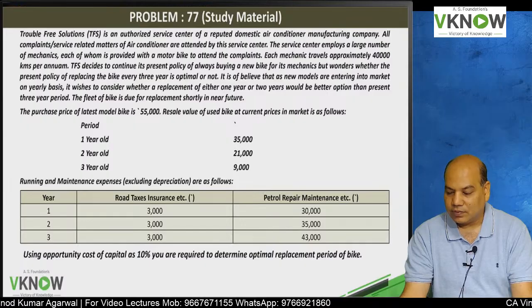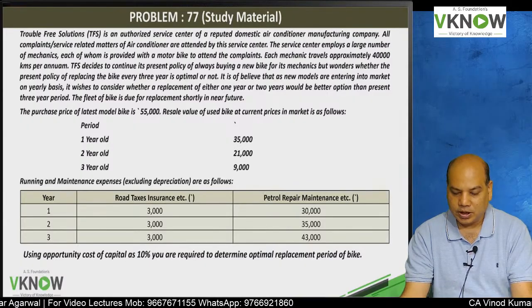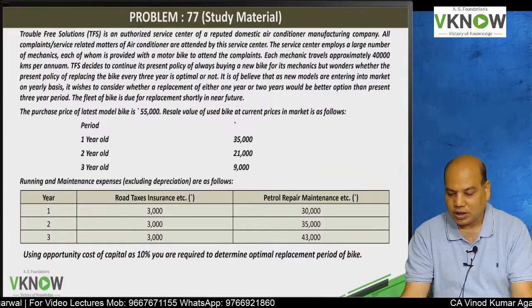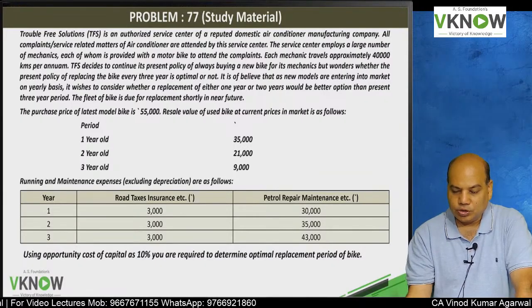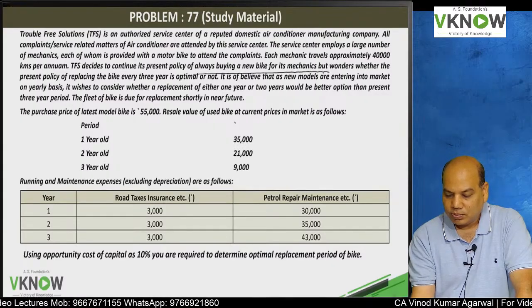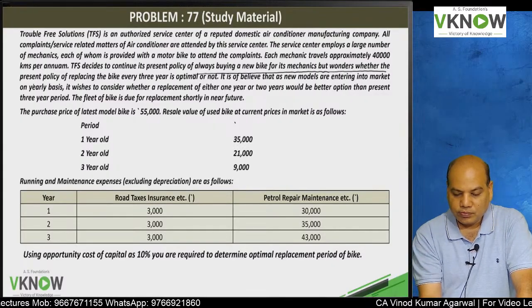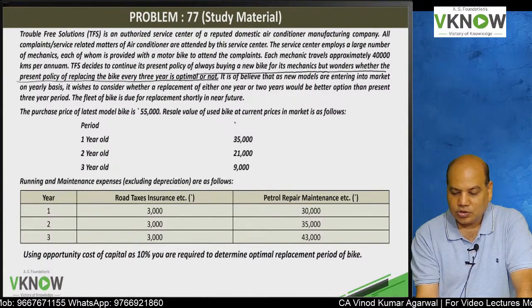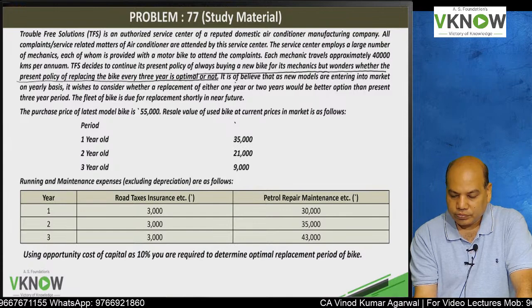Each mechanic travels approximately 40,000 kilometers per annum. TFS decides to continue its present policy of always buying a new bike for its mechanics, but wonders whether the present policy of replacing the bike every 3 years is optimal or not.